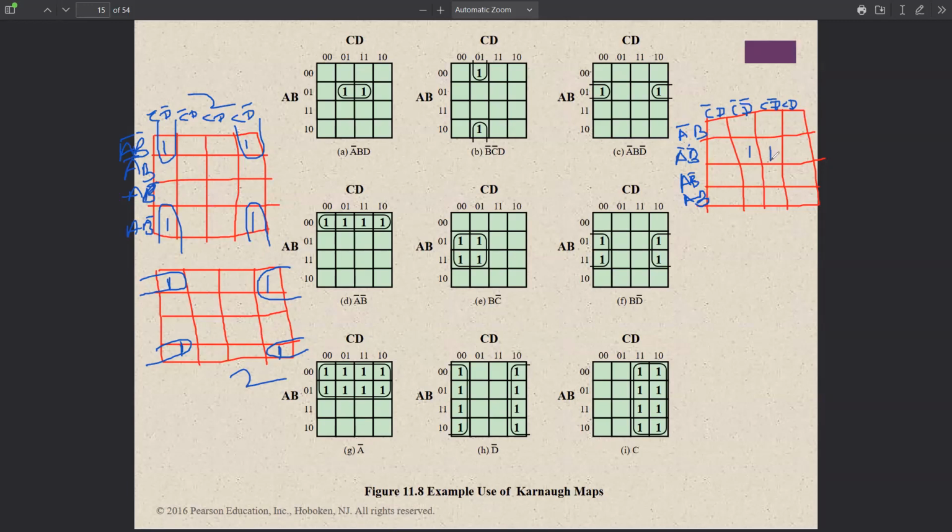This one is one, right? Here A B bar is this one, and C bar D bar, that is here. And what is this? A bar B bar is the row, and C D bar, that is here. So these four are now adjacent, right?